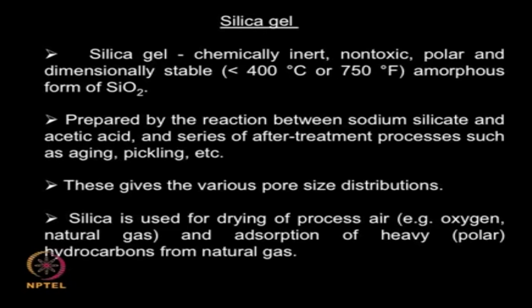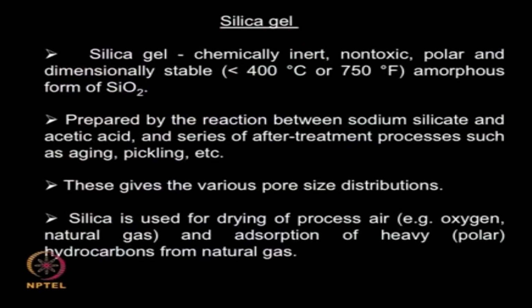Once the reaction is done, there is a lot of post treatment so that you get the proper pore size distribution. As I said, in adsorption the pore sizes as well as the distribution of the pores are the most important parameters. So the preparation is one single step, but later on you do a lot of after treatments like aging, pickling, etc., so that good pore sizes and pore size distributions are obtained.